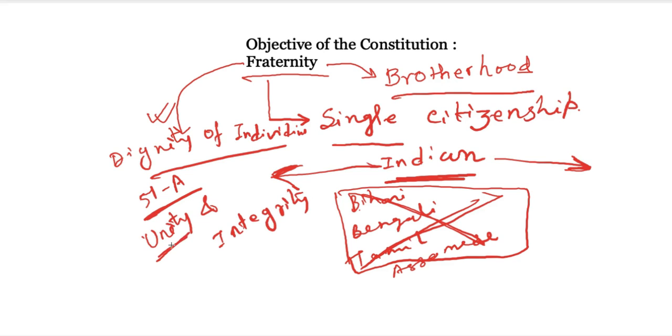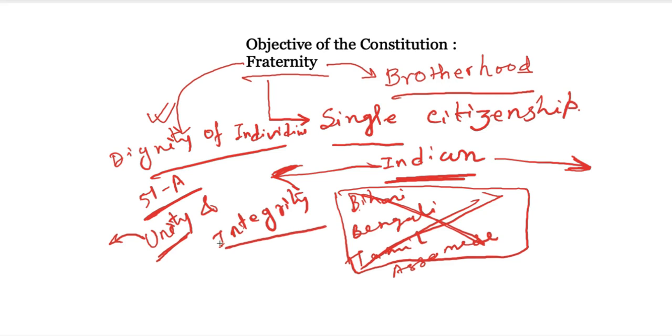Unity is what I already said, that we are all Indian. Also there are some provisions in Article 51A that say when the country calls, we have to go to the country's cause, or we have to respect the national anthem, the national tradition, the principles behind our freedom struggle, such things.